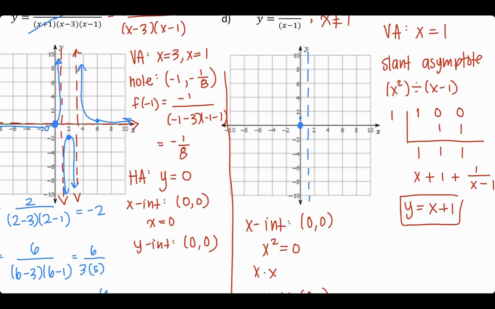What is my slope of this line? 1. So I'm going to go up 1 over 1, up 1 over 1. It never ends up going through any of the corners that are drawn. So this line, instead of a horizontal asymptote, is my asymptote. That's the line that we're going to follow.